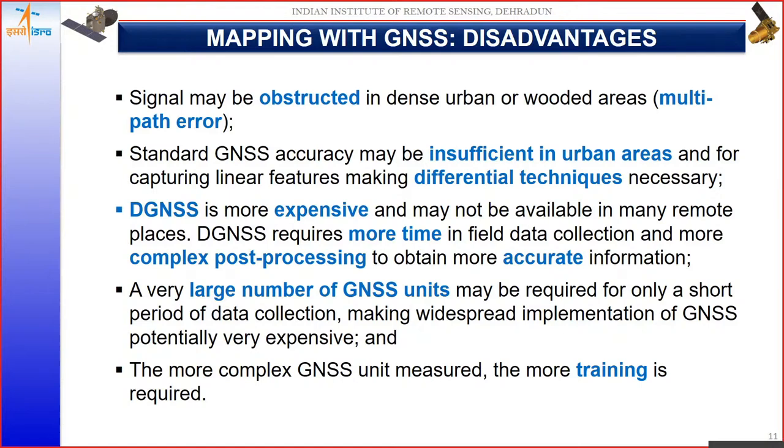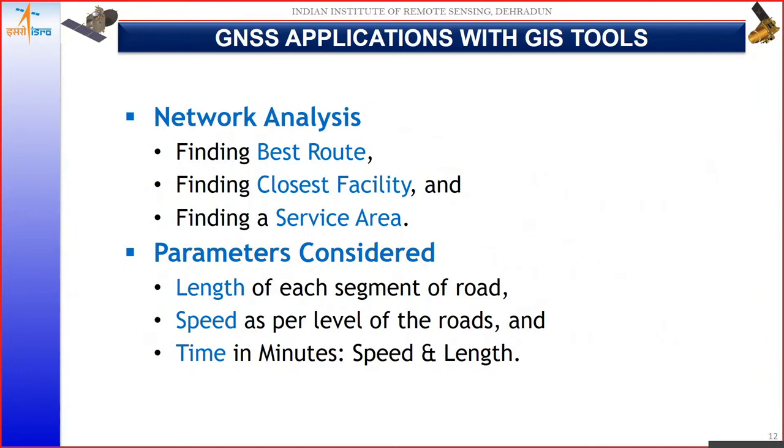Now once you have collected data with such a GNSS based instrument, you can take it into the GIS, and then you can exploit the benefits of the GIS for doing various kinds of analysis. As I was mentioning in the beginning of my deliberation, you can find out the relative location of the beneficiary and the asset which is available.